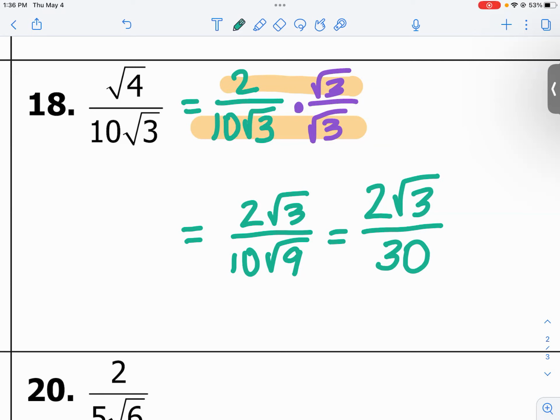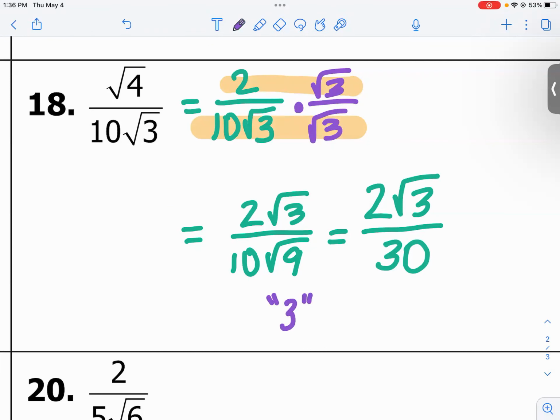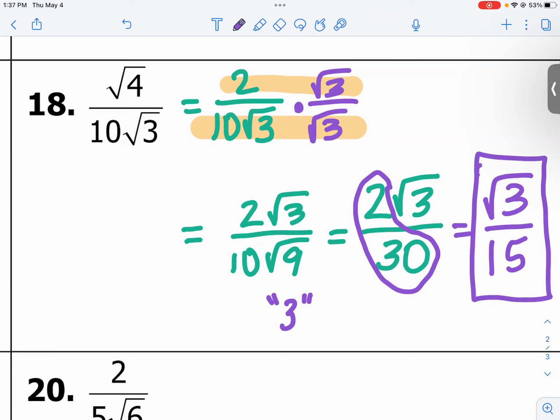Now, I'm not done. Why am I not done? You didn't circle an answer. 2 over 30 is 1 over 15. So our answer is radical 3 over 15.